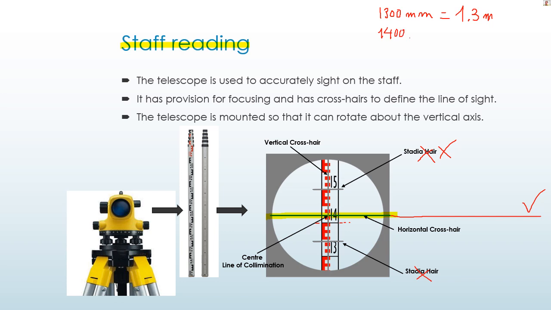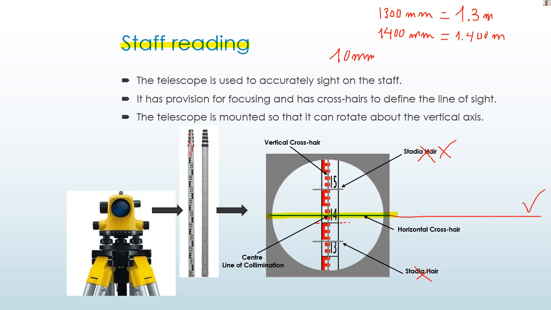14 means 1400 millimeters for the next line over here, or 1.400 meter. So each of the red block or the blank block over here equals 10 millimeter.